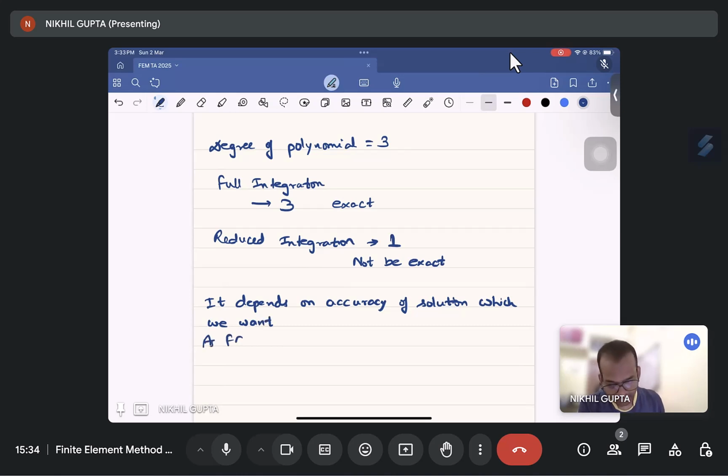As FEM gives an approximate solution, but computational cost is also important.